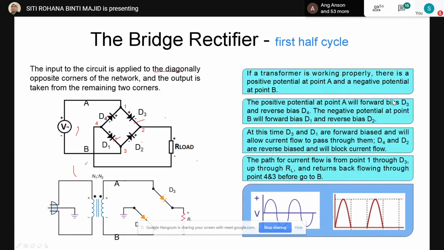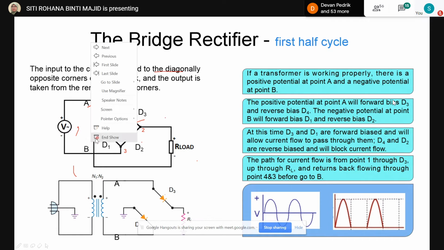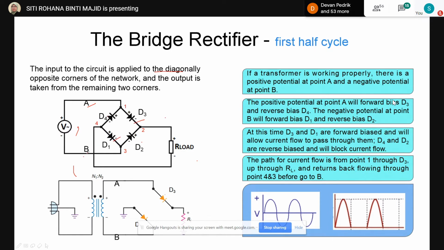So let's say the transformer is working properly, and there is a positive potential at terminal A, and negative potential at the terminal B. So the positive potential at terminal A will cause two things.